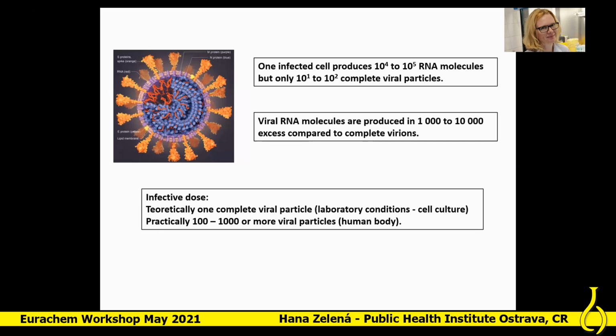It is interesting to know that one cell infected by the SARS coronavirus 2 produces on average 10 to 100,000 molecules of RNA, but this number of RNA molecules corresponds only to 10 to 100 complete viral particles, which means that RNA molecules are produced within the infected cell in very huge excess, which is 1,000 to 10,000 times more than the number of complete viral particles.